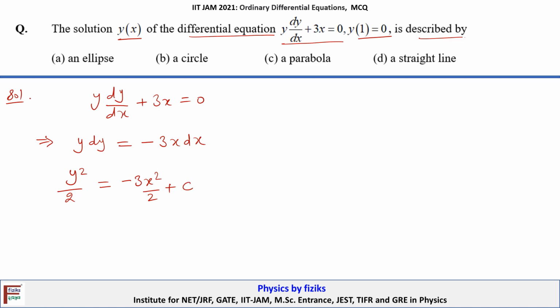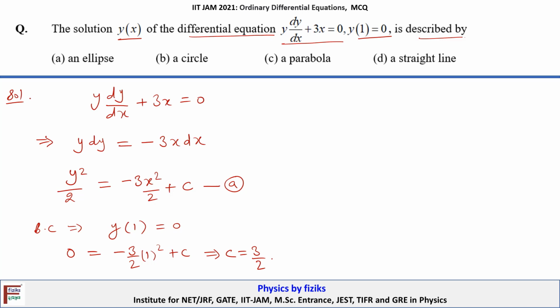Now applying the given boundary condition, y at x = 1 is equal to 0. Substituting y = 0 and x = 1 in the above equation, say A, we can write 0 = -3/2 · 1² + c, and from this equation we obtain c = 3/2.